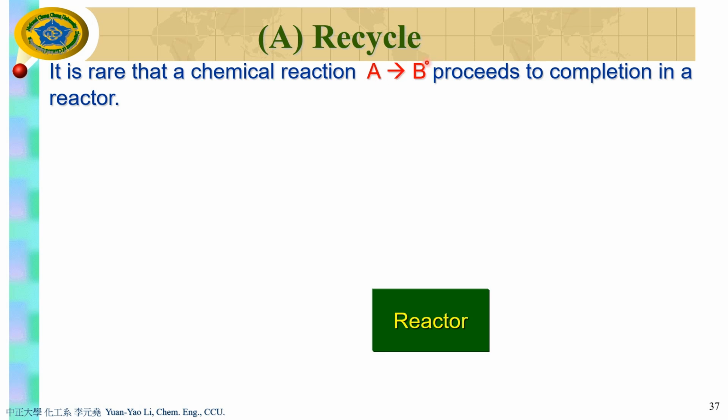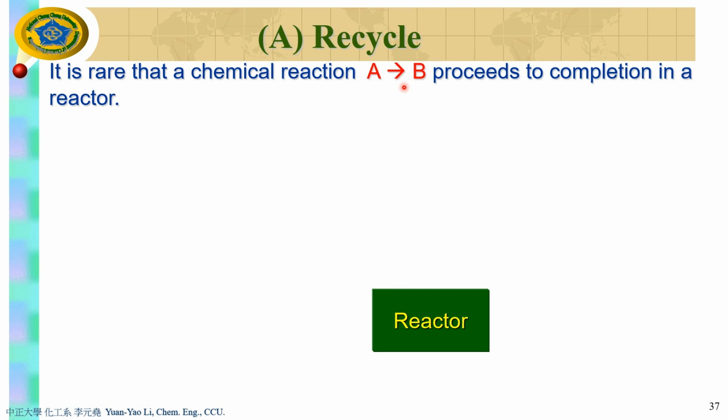For example, after 1 hour in the reactor you might have 80% B and 20% A. But if you want to convert 100%, it takes 1 year. Do you want to run this reaction within 1 year, or within 1 hour? Of course, 1 hour, because you don't have 1 year to wait for the completion of this reaction.